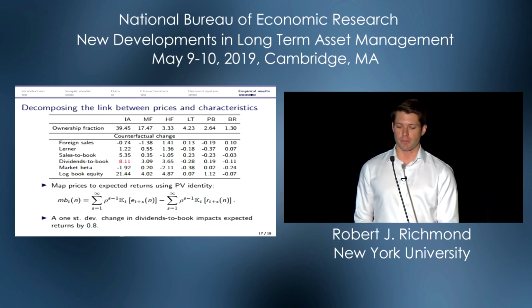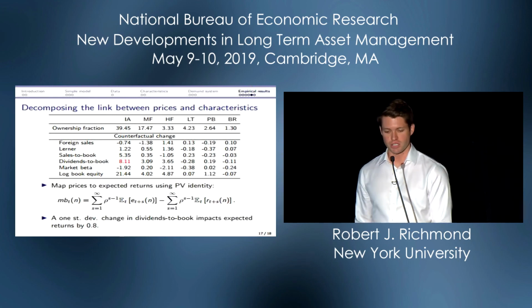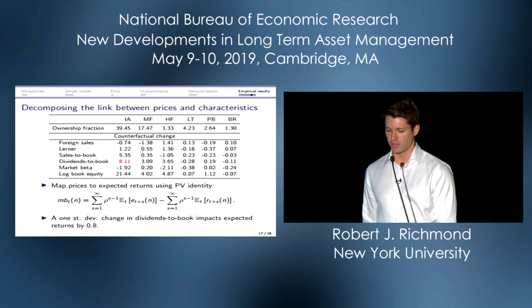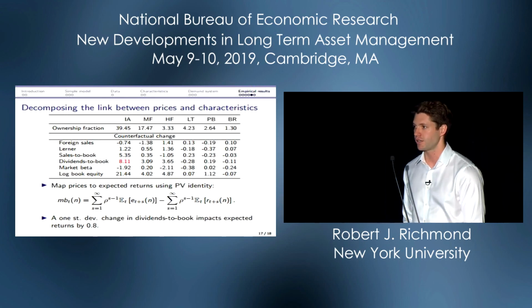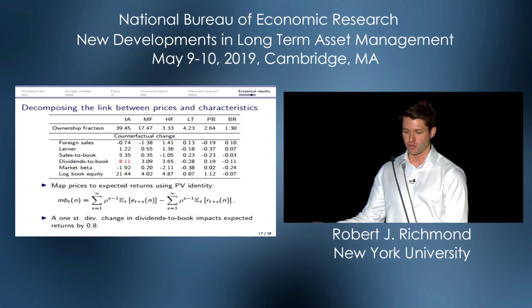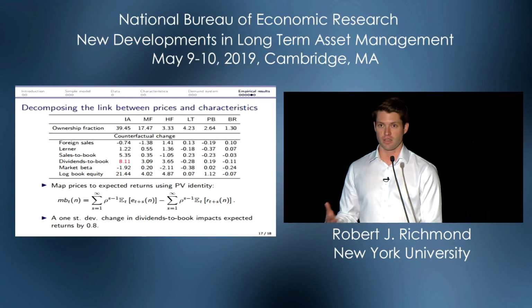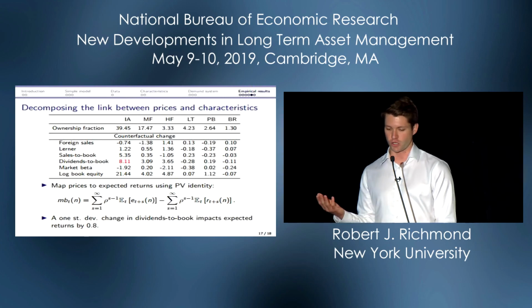Now we can map this variation in the relation between prices and characteristics to the relation between characteristics and expected returns. We do this by applying the present value identity. Market-to-book ratios are related to future expected growth rates as well as long-run expected returns.